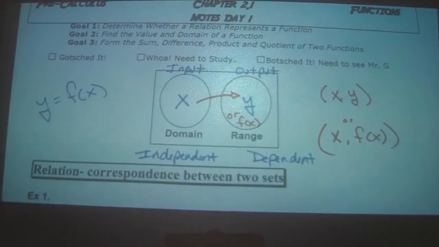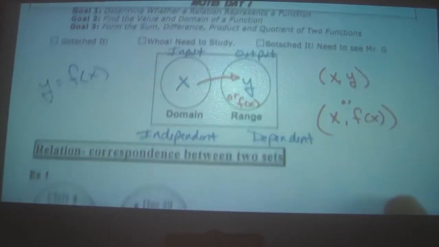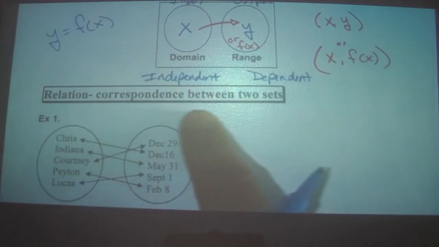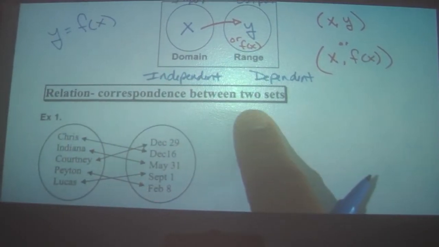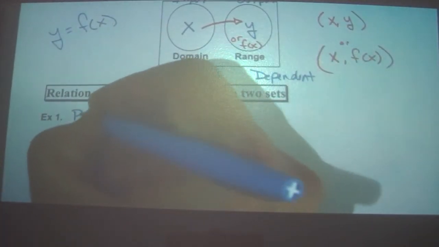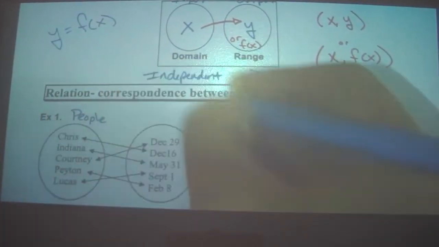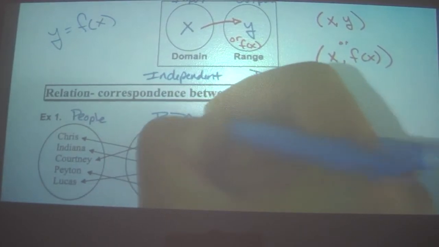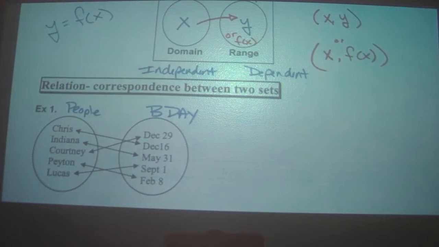All right, so before we dive into functions, we have to understand what a relation is. It says here a relation is a correspondence between 2 sets. Okay, here I have one set, these people, and I have this other set, and that's their birthdays. So I have people and I have their birthdays.